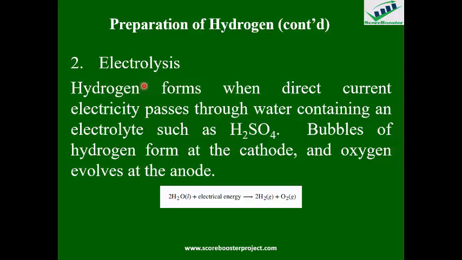We are not interested in what is happening at the anode, because our interest is on the cathode. That is where hydrogen will be produced. So all the hydrogen will go to the cathode, they gain the electron, then hydrogen gas is produced. That is how hydrogen is being produced in electrolysis.